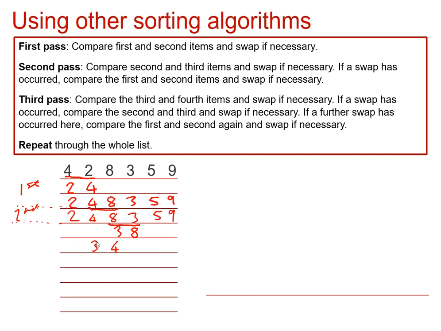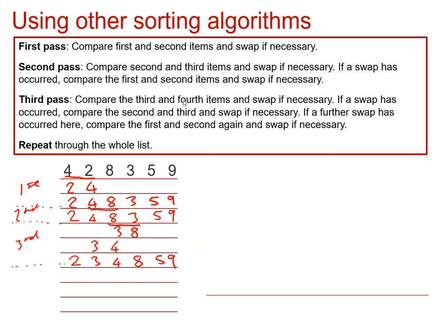Because we did a swap, we're going to look at the first and second item, so that's the 2 and the 3. They don't need to be swapped, so after the third pass, we've now got this list: 2, 3, 4, 8, 5, and 9. Alright, so that was the third pass.